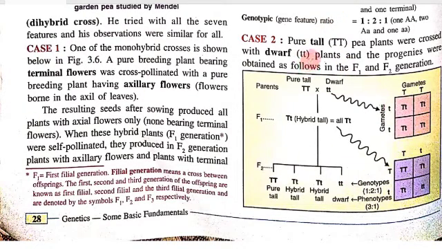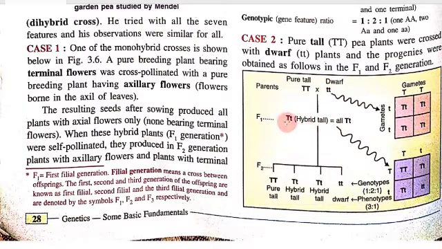Case 2 uses tall and dwarf characters. The tall character is capital T and the dwarf character is small t. The same symbols are given for dominant and recessive: homozygous dominant, homozygous recessive. Here the parents are called pure tall and dwarf, capital T and small t.